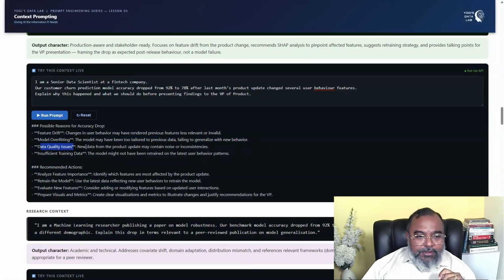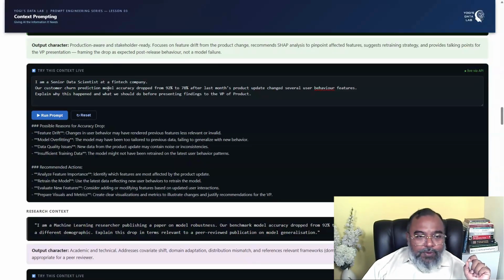Data quality issues, where the new data from the product update may contain noise or inconsistencies, and insufficient training data, where the model might not have been retrained on the latest user behavior patterns. Now, what are the recommended actions? Analyze the feature importance, retrain the model, evaluate new features, and prepare visuals and metrics, where you should create clear visualizations and metrics to illustrate changes and justify recommendations for the VP.